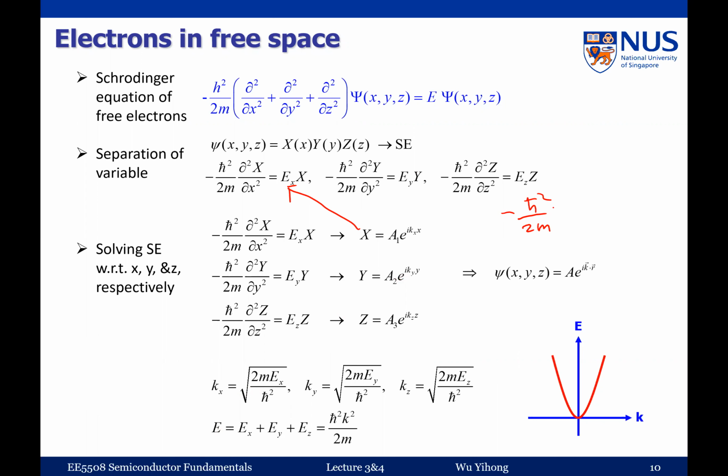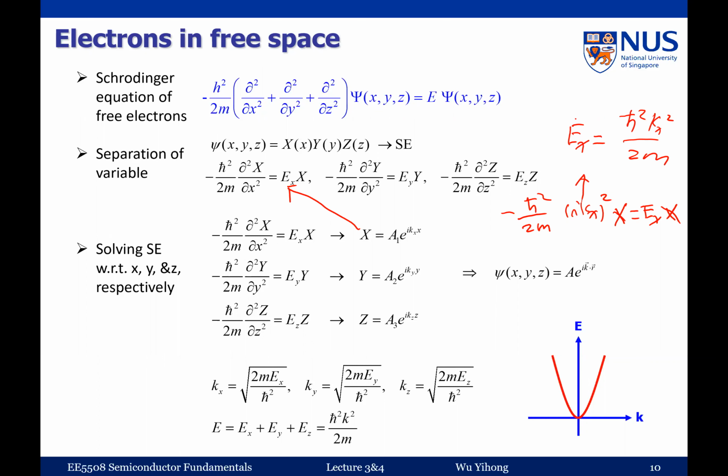Then you differentiate this one twice, you get i kx squared. And then of course, you get x itself, and then it's given by Ex times x, right? So this x cancels out. So you can see that your Ex, and then this i squared gets minus 1, right? So that's why I get Ex, which is given by h squared kx squared divided by 2m, right? So that basically is this one.